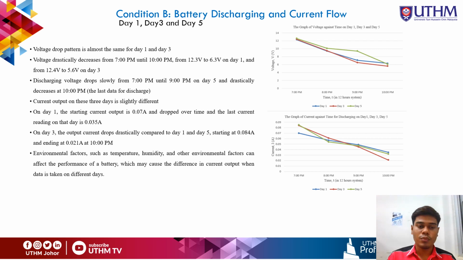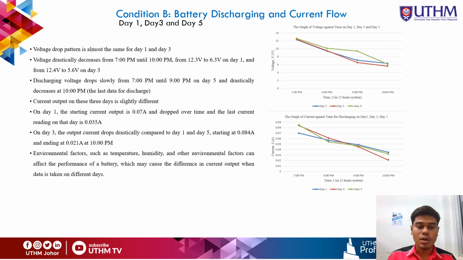The current output for these 3 days is slightly different. On day 1, the starting current output is 0.07 ampere and drops over time, and the last current reading on that day is 0.035 ampere.